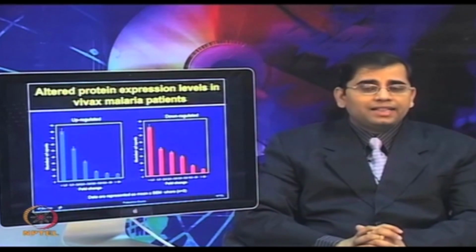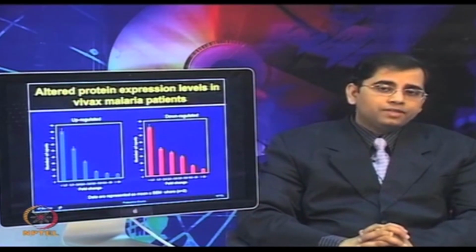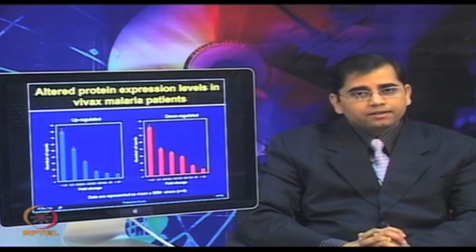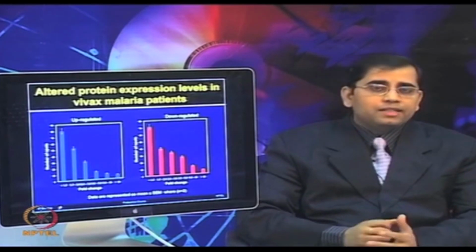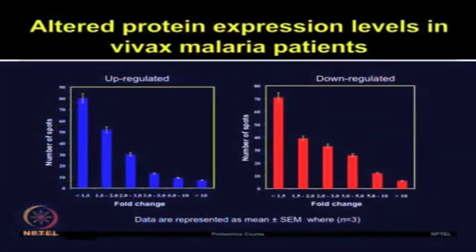After completing the analysis, we were able to obtain a large number of differentially expressed proteins, and as you can see in this graph, there are proteins which vary in different ranges of fold change. Many proteins show very little fold change, between 1 to 1.5 fold, and there are a few proteins which also show more than 10 fold up or down regulation.